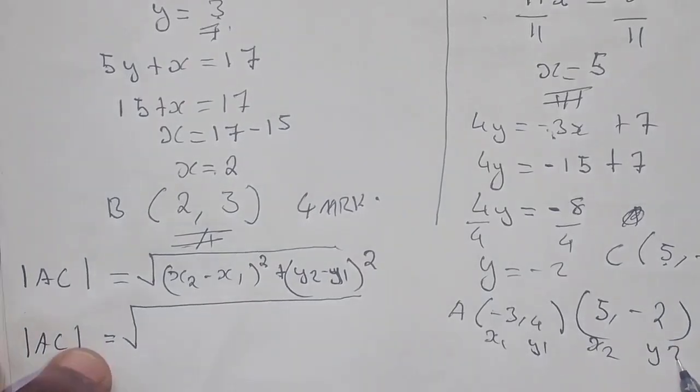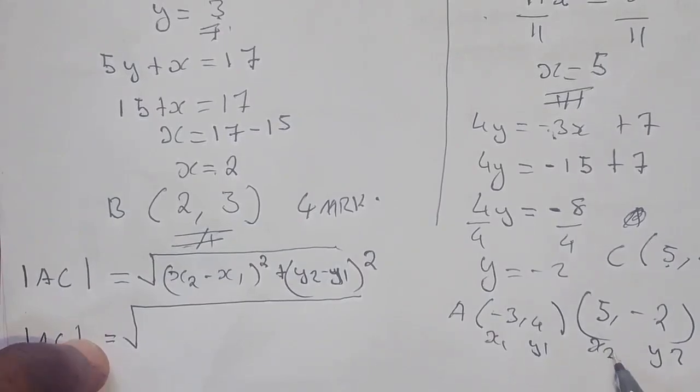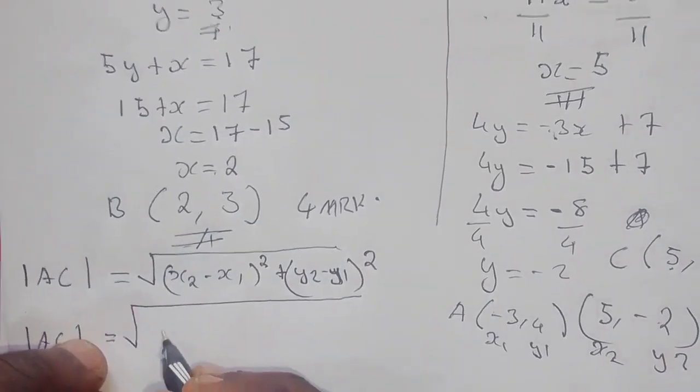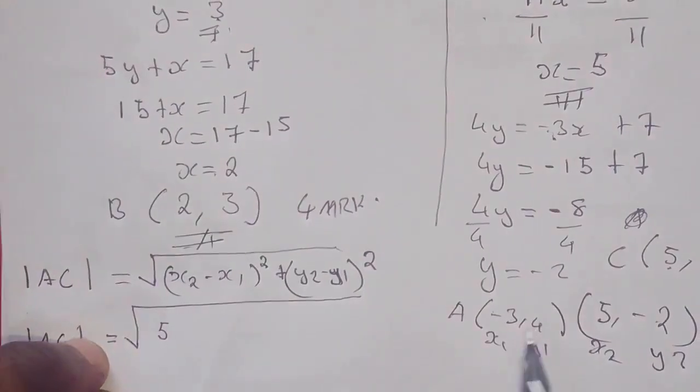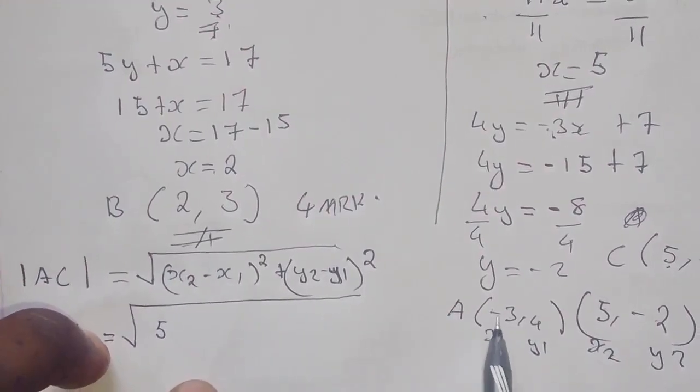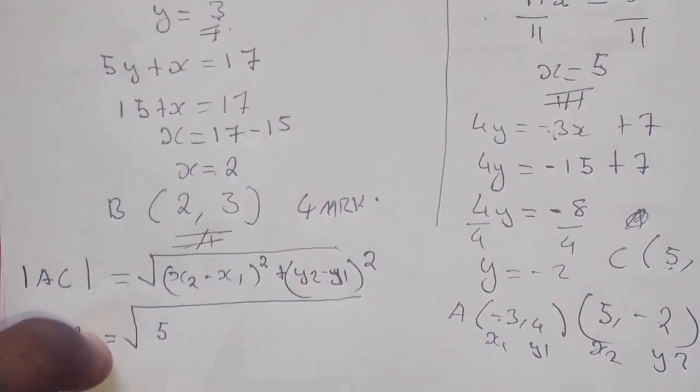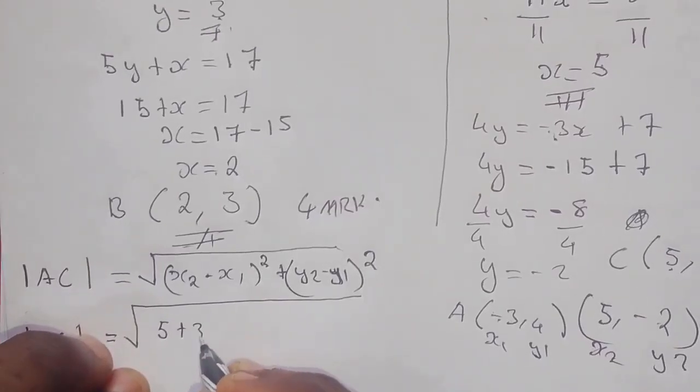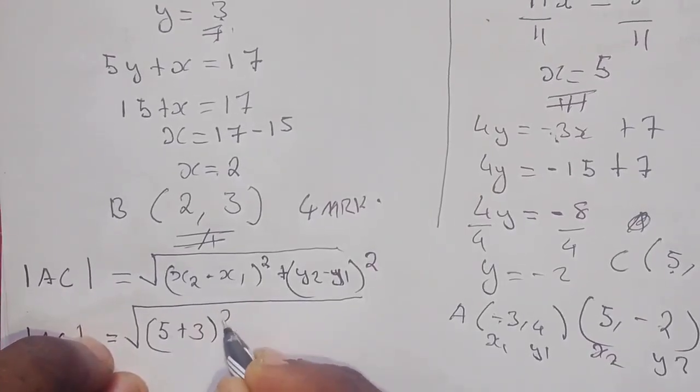We have x2 minus x1, so we're going to have 5. Remember we are subtracting a negative, so negative multiplied by negative gives us a positive, squared.